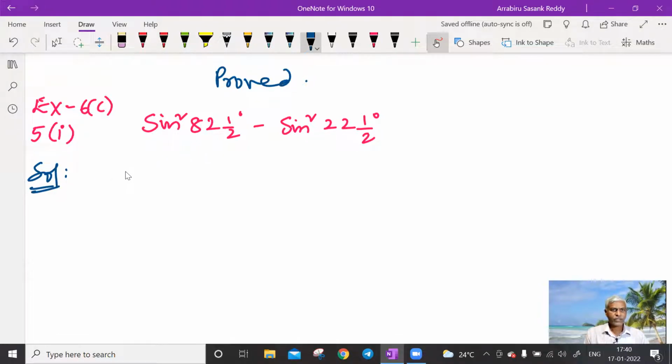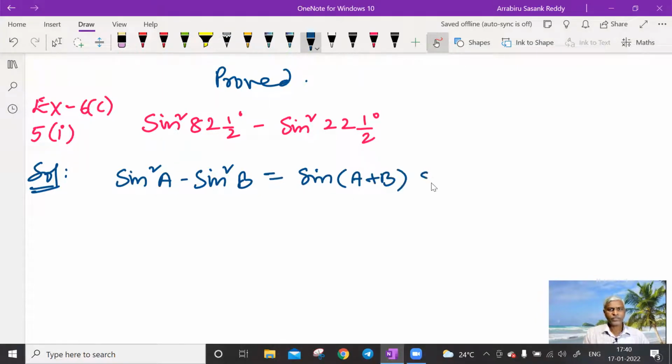The question is in the form of sin square A minus sin square B, which is sin A plus B into sin A minus B.